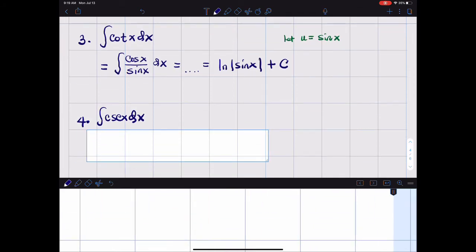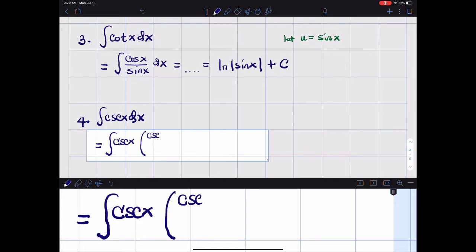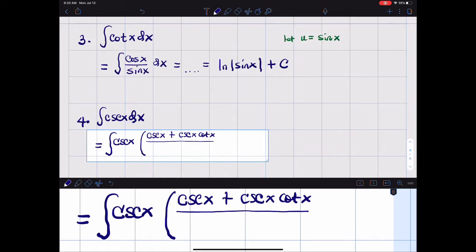So the trick now is similar to that of secant of x. You're going to have cosecant of x and then multiply it by 1, but we're going to write 1 as cosecant of x plus cotangent of x all over cosecant of x plus cotangent of x.